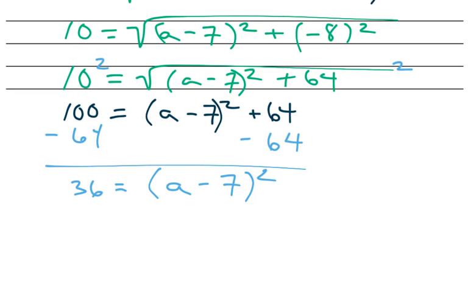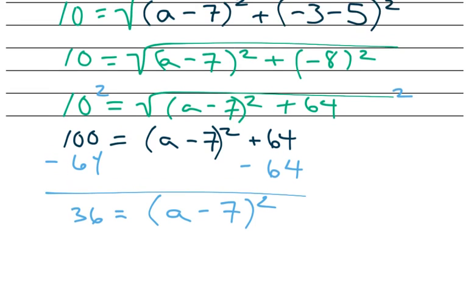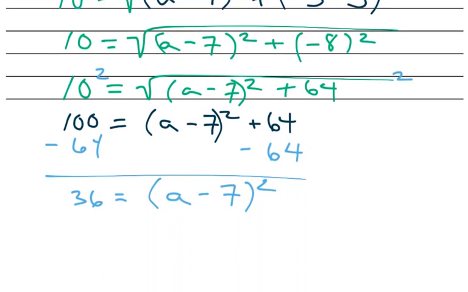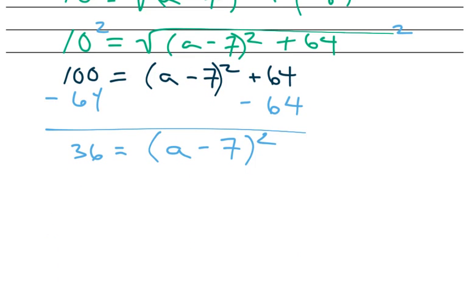Now here is where the possible values comes into play. Once I square root both sides, on the left I'll get positive or negative 6, and then my exponent goes away, and I'm left with a minus 7.